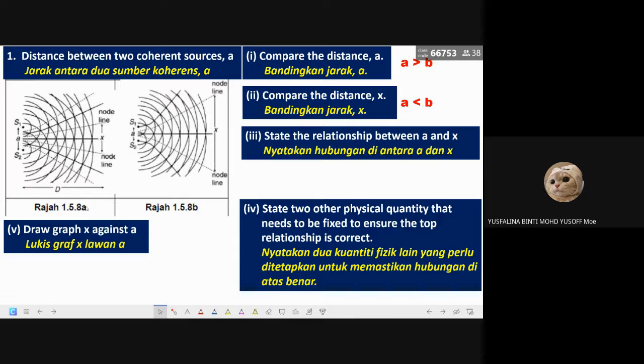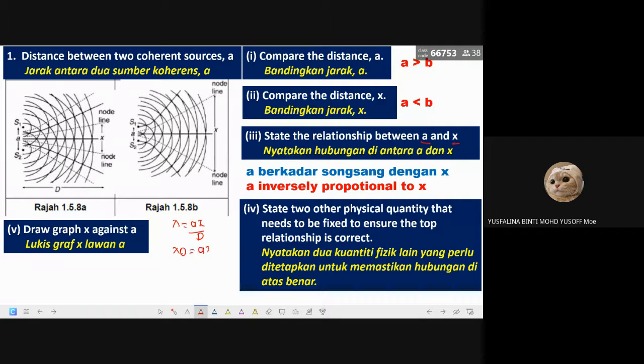And what is the relationship of a and x? It is inversely proportional. We can also use the formula to describe this one. They ask you the relationship between a and x. So lambda d is equal to ax. Lambda d over a is equal to x. So if you increase your a, the distance between these two sources, what happens to the x?